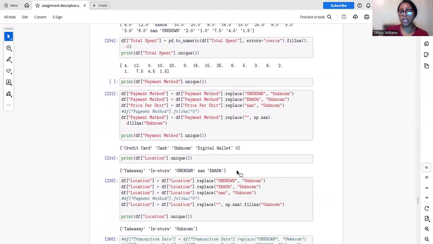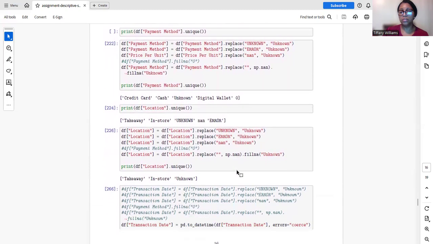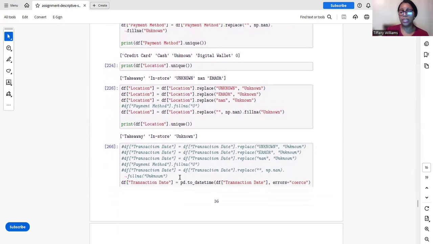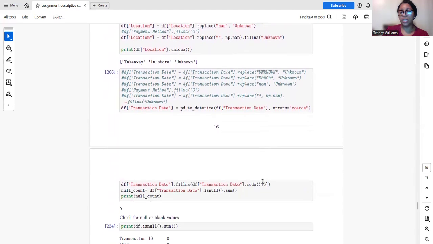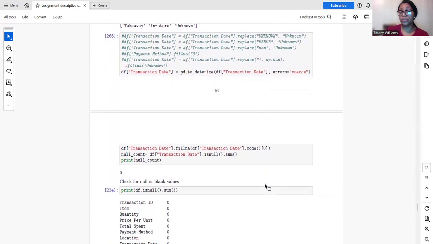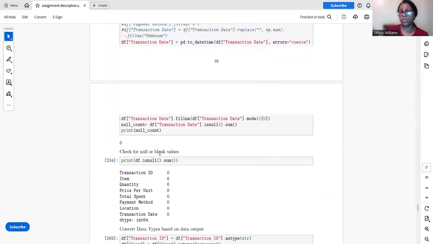I did it for each column. And with the dates, I also did that as well, but this particular time, I replaced it with zeros.